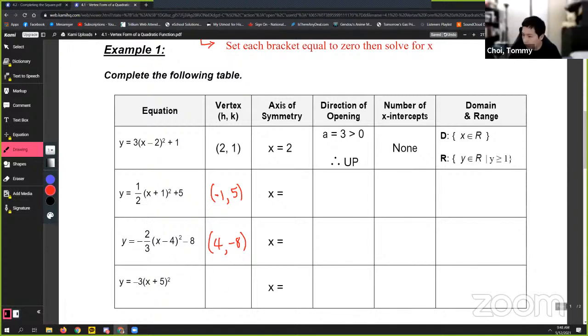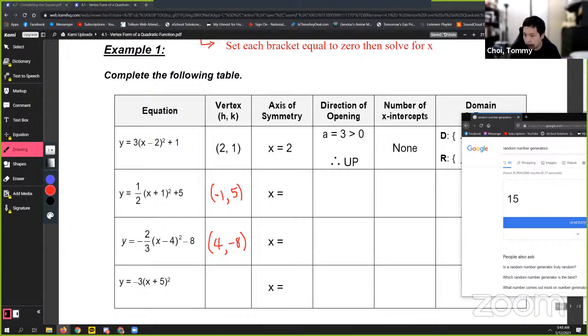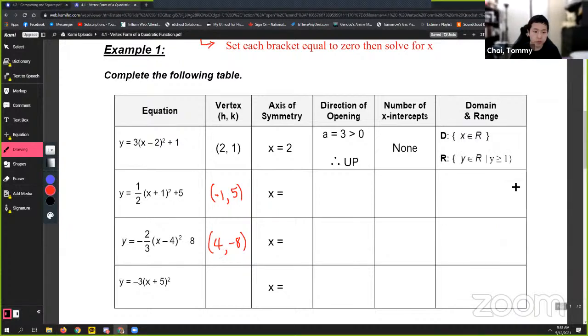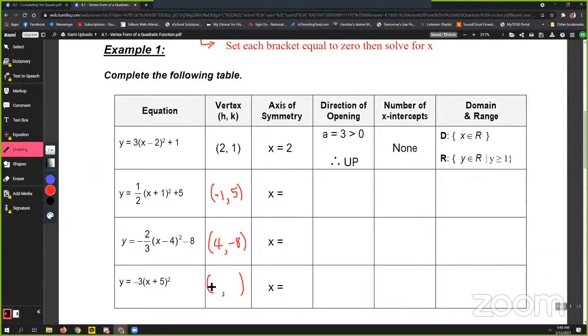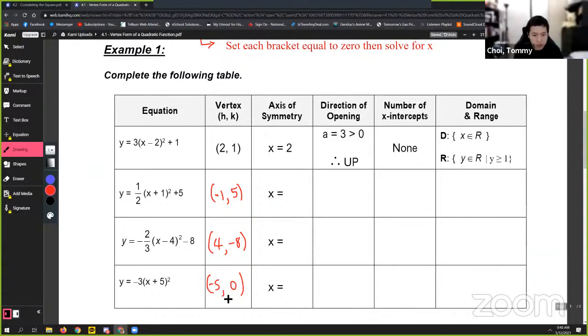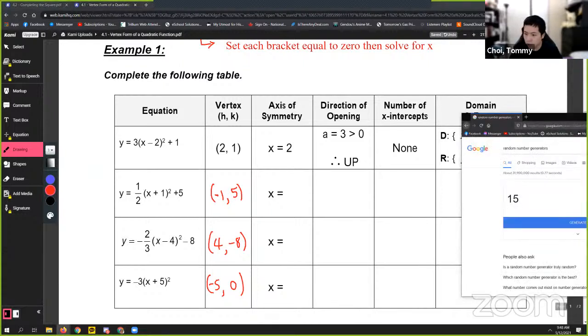And the last one here for the vertex is Lorraine. Negative 5 and 0. There is no k value, which means it's 0, and negative 5 because it's plus 5 in the bracket. Perfect. Done. Next one should be even easier.